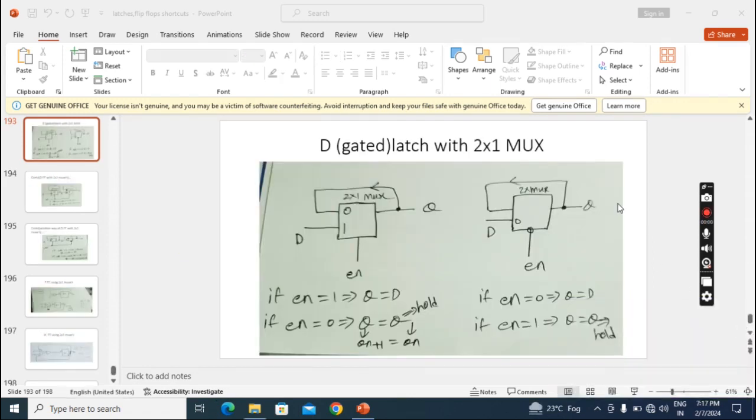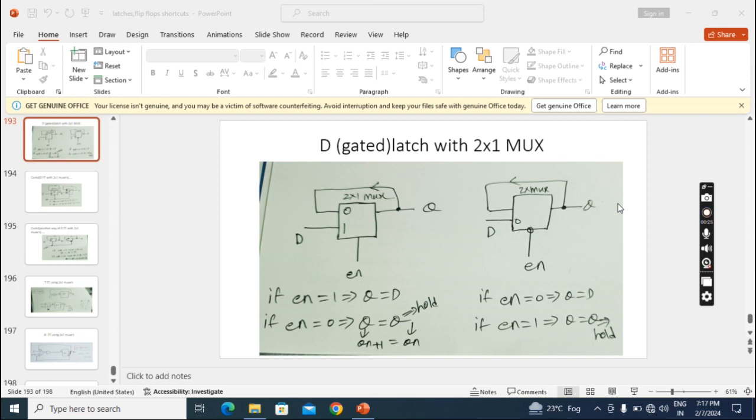In this lecture, we'll discuss the implementation or design of latches by using multiplexer. Latches means we implement only gated latches. As an example, I take D gated latch, and I will implement it with a 2 by 1 multiplexer. These latches can be positive level latch or negative level latch.